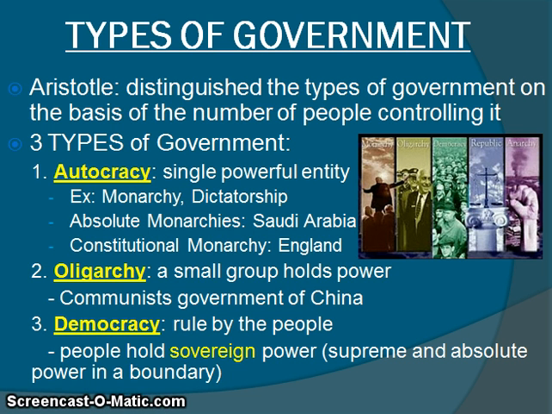And the third type is democracy. And of course, since we live in a democracy, we are going to look at democracies over the course of the next several months. Democracies mean rule by the people, or people hold the sovereign power. We actually hold the power, and we can give our consent to be governed to the government.